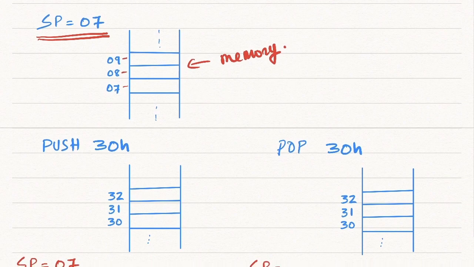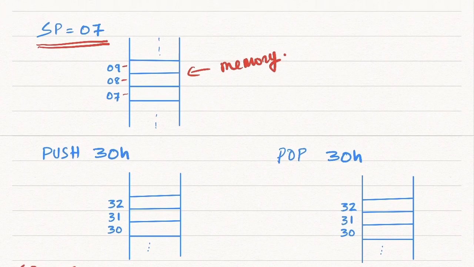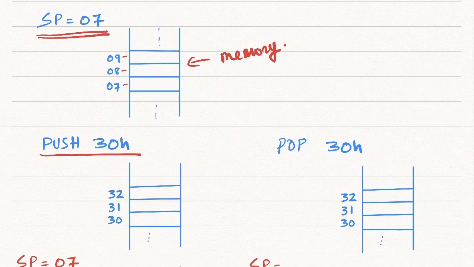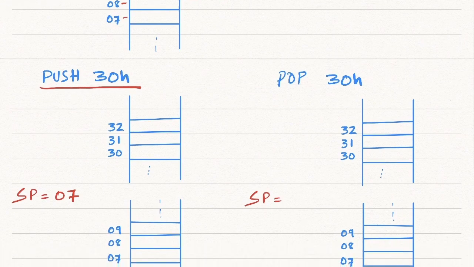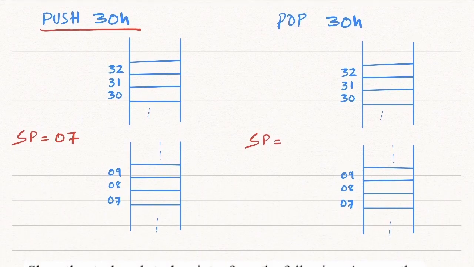Now I want to write the instruction PUSH 30H. When I say push 30H, that means there is some value inside 30H. Let us assume that 30H, 31H and 32H, in hexadecimal, are addresses of a section of the internal RAM. Again, this is RAM. All these are RAM spaces.